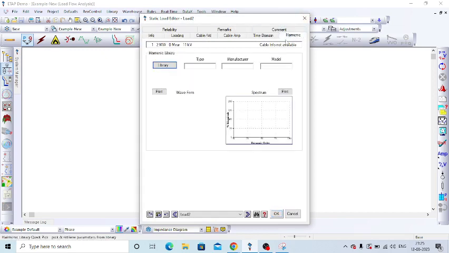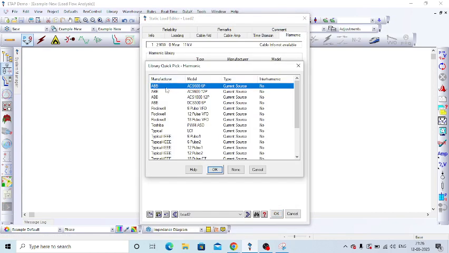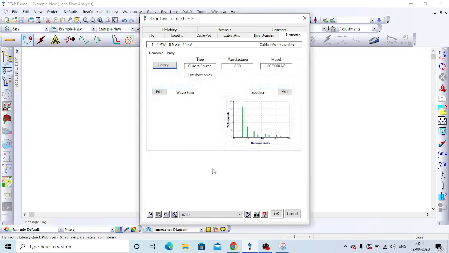So here the harmonic page will be there. In the harmonic page I will open one value. Here one ABB VFD current source is there.